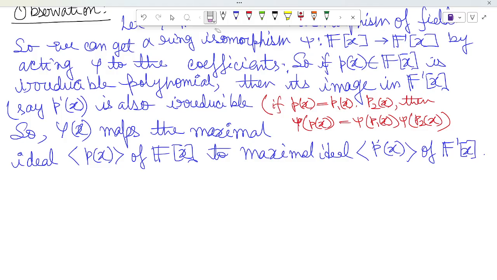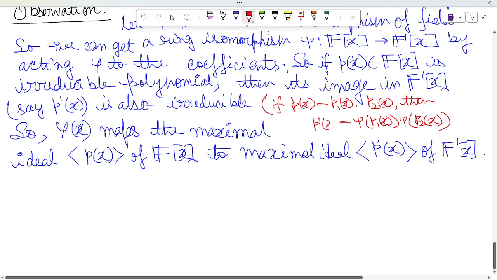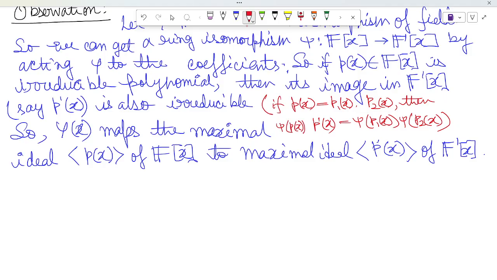Actually, this psi of p(x) will be denoted by p'(x), right? Psi of p'(x).